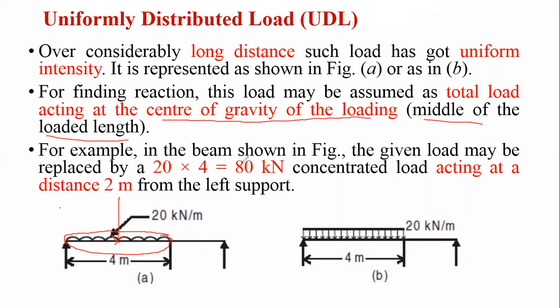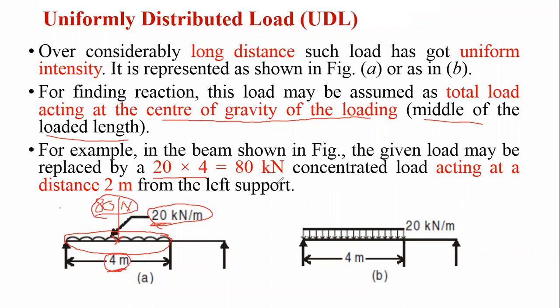For example, if the beam is as shown in the figure, the given load may be replaced by 20 multiplied with the length, that is 20 into 4, which becomes 80. It means that we are converting this UDL into a point load. How to convert this UDL into a point load? The UDL intensity multiplied with the UDL length gives you the point load.